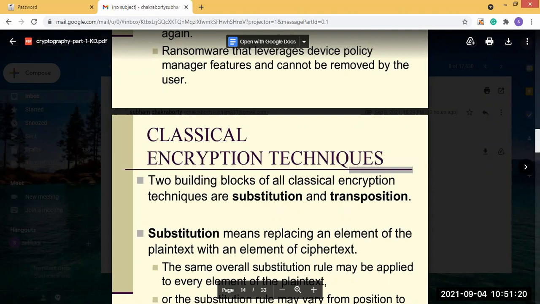So mainly the classical encryption techniques are two: substitution and transposition.